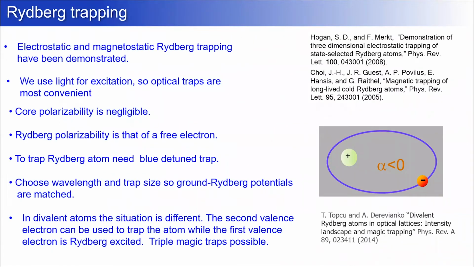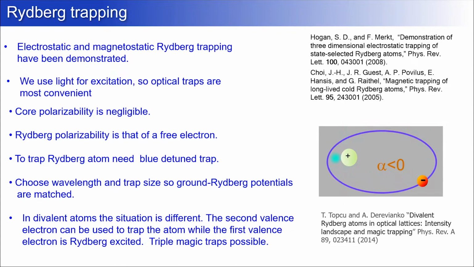What about trapping Rydberg states? We're going to be going from the ground state up to these Rydberg states for doing gates, and we don't want the atom to fly away while it's in the Rydberg state. We like to trap it. Again, in the interest of time, I'll not dwell on this too long, but here's a spherical cow model of a Rydberg atom, if you will.